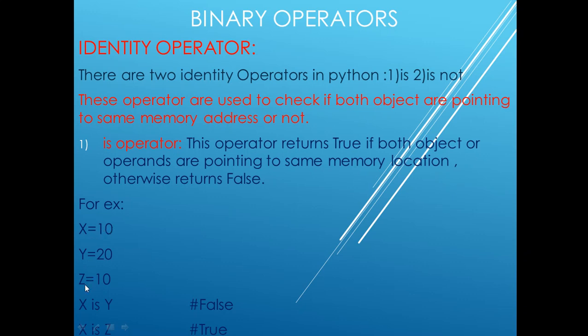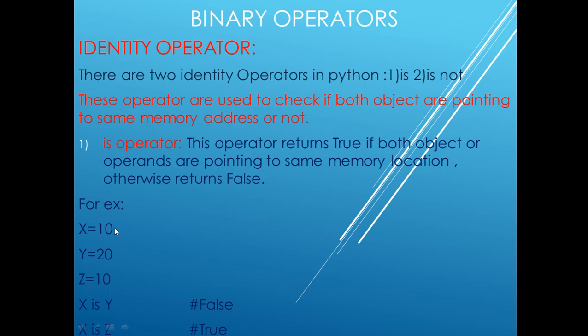The same way y and z are assigned values. So x is 10, y is 20 and z is 10, and I have used the identity operator 'is' over here as x is y. In the case of x plus y, both x and y values will get added, but here I have used x is y, so it will return either true or false. So let us see what it will return.